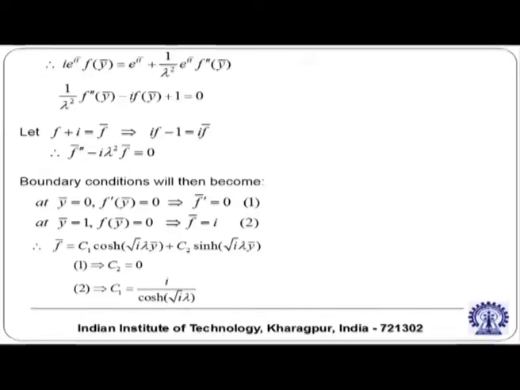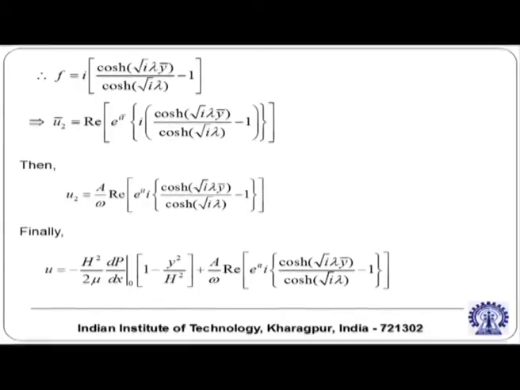The final solution you get in terms of cos hyperbolic and sin hyperbolic, and you can see the cos hyperbolic form along with the e to the power I t that is there.